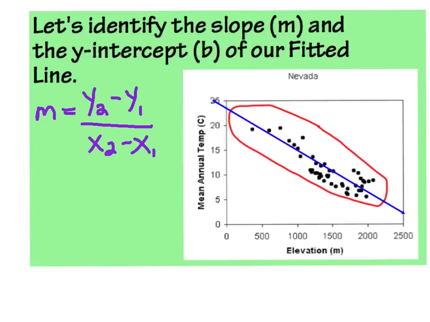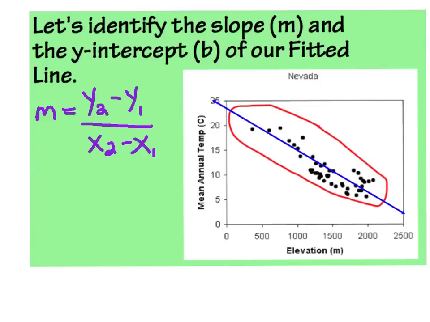Okay, so in order for us to find the slope, we need to pick 2 points that are on our fitted line. Now, we want to pick points that are going to be easy to work with. I also strongly recommend that we pick points that are not too close to each other. We are going to get a more accurate slope if we choose points that are a little bit farther away from each other on our fitted line.